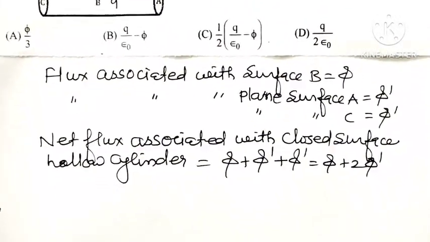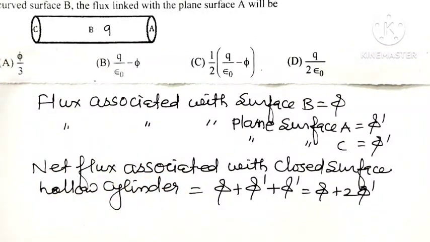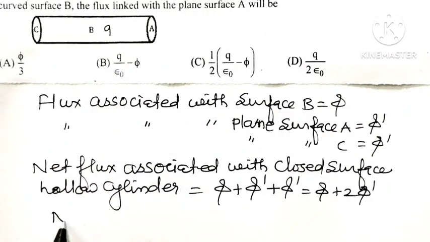But we know that the given cylinder encloses Q charge. Whenever any closed surface encloses charge Q, what is the net flux associated with the closed surface?